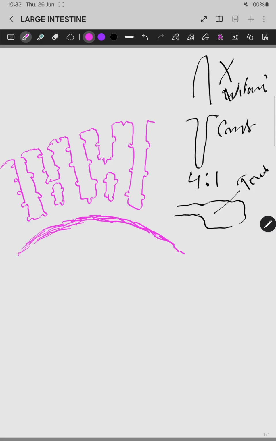And then we have to draw what? We have to draw the basement membrane of these cells.